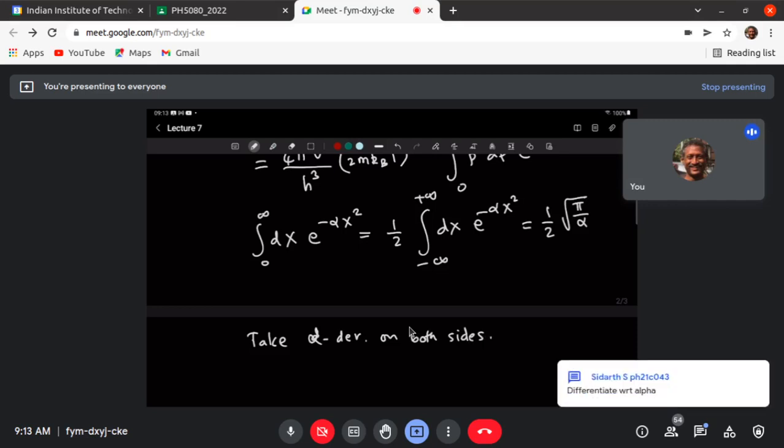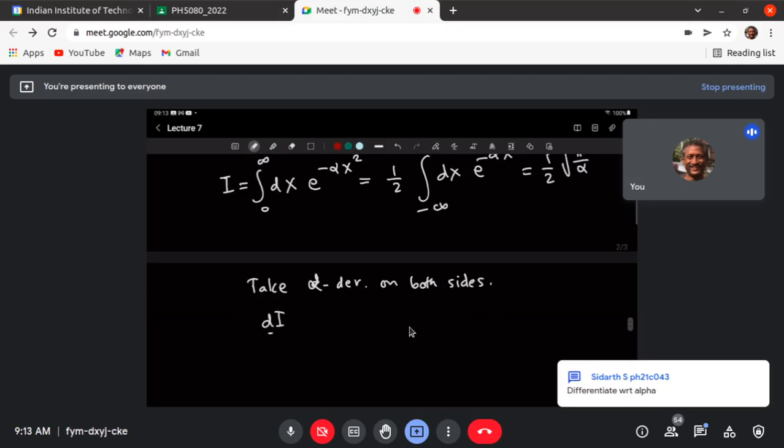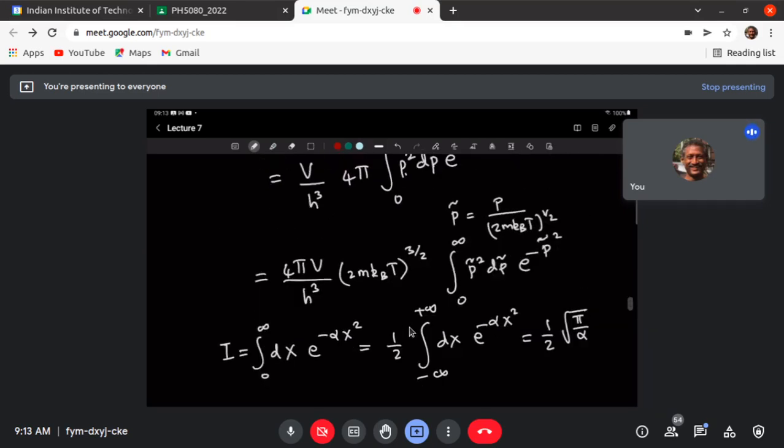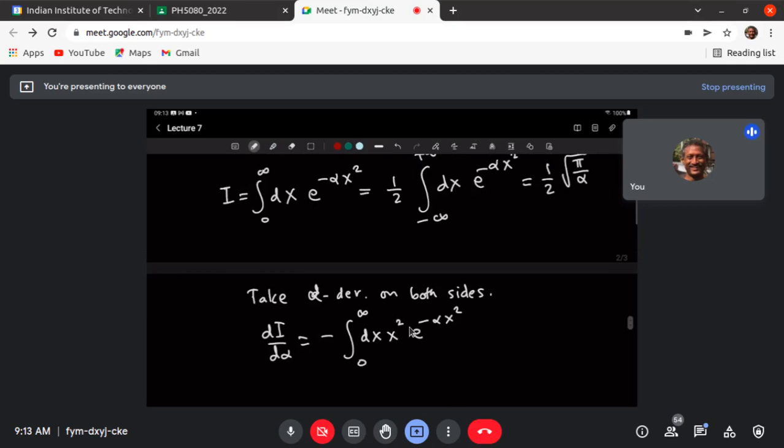So let's call this I. Then dI by d alpha will be minus the integral 0 to infinity dx x square e to the power minus alpha x square. After I take the derivative and put alpha equal to 1, it becomes exactly this integral. We know this is equal to root pi by 2 into minus half alpha to the power minus 3 by 2.